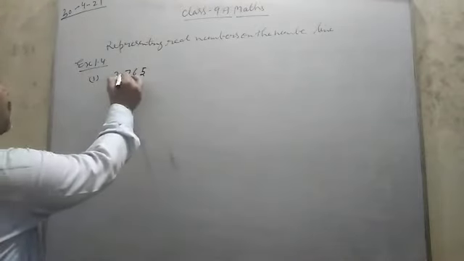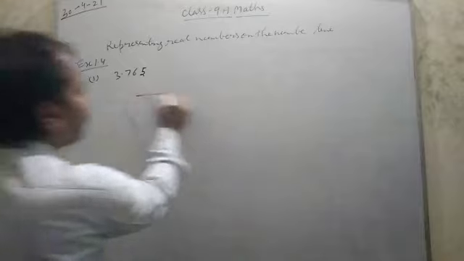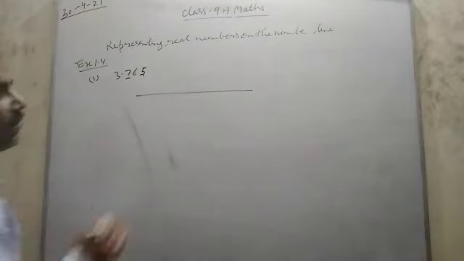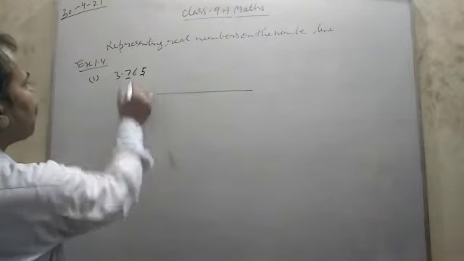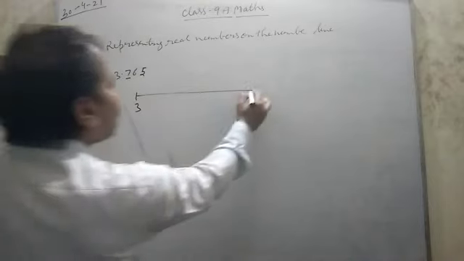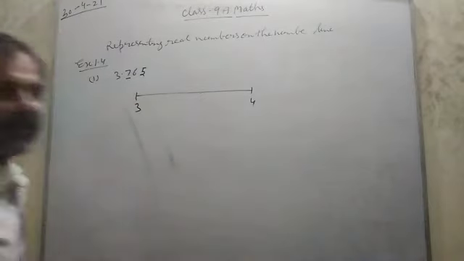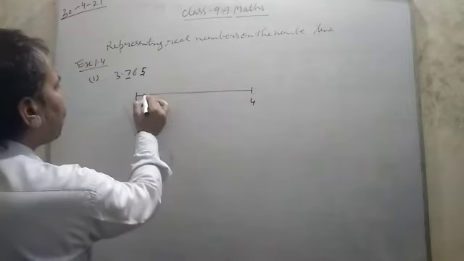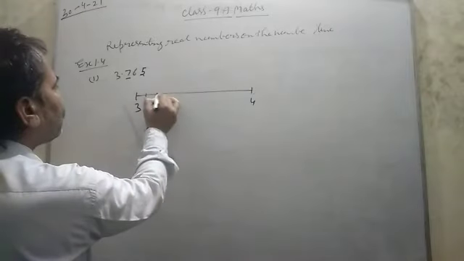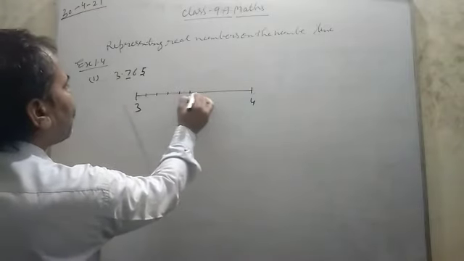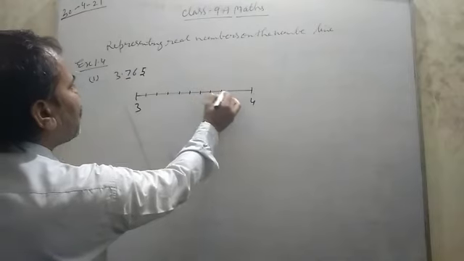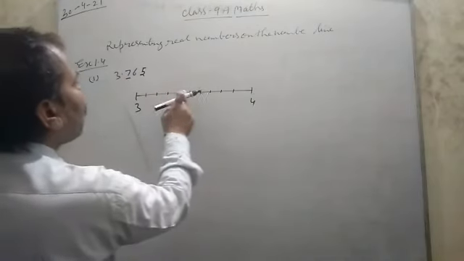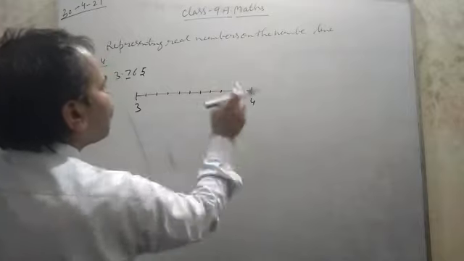So first you see that this number lies between 3 and 4, looking at the first digit after the decimal. So this distance between 3 and 4 is divided into 10 equal parts. 1, 2, 3, 4, 5, 6, 7, 8, 9, 10.